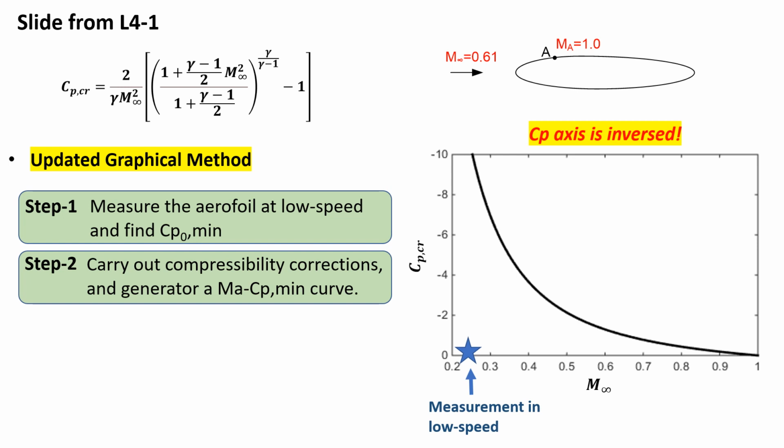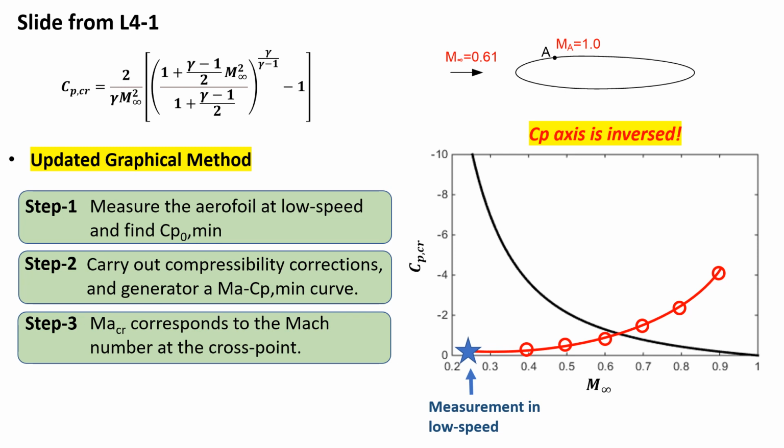So we can apply the Karman-Tsien rule or Prandtl-Glauert rule or Laitone's rule. Whatever method we use, we just implement the corrections and get such dots at different Mach numbers. Here we did the correction at 5 Mach numbers.